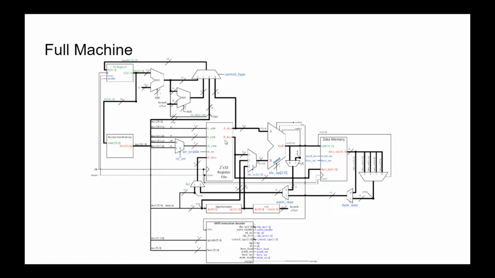Or if it's the value coming out of the B register, by which I mean the register that the B address points to. Of course, there is no single register named B register. Then we have the ALU operation, this mem-read control, this set less than control, SLT, word write enable, and byte write enable, and then byte load. And this multiplexer is not controlled by a control signal, it's controlled by the bottom 2 bits of the address.